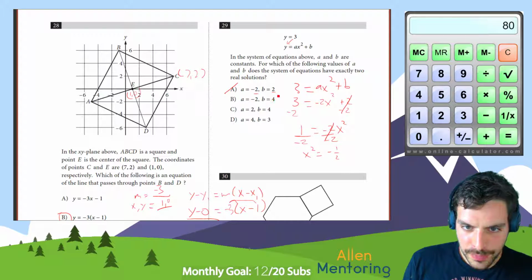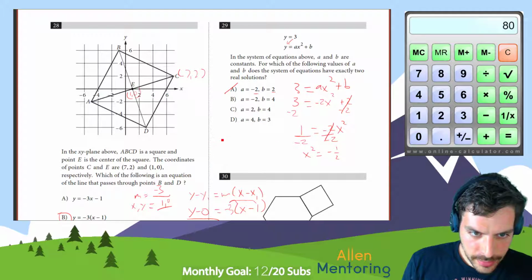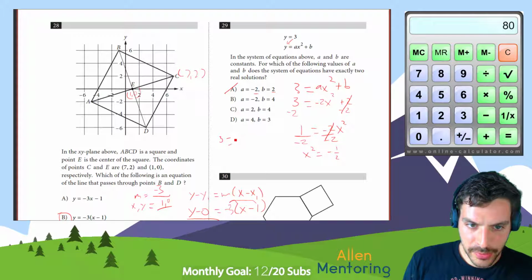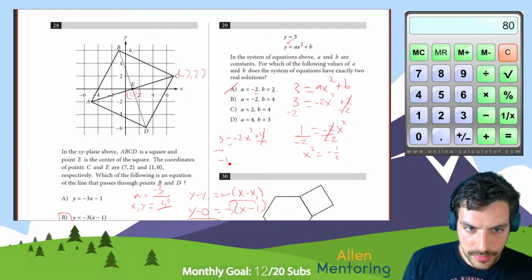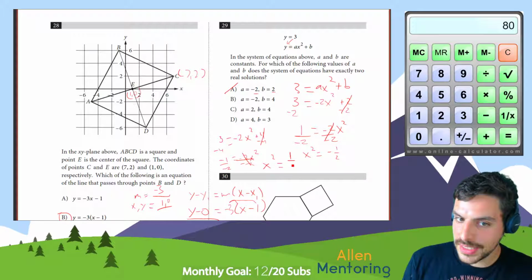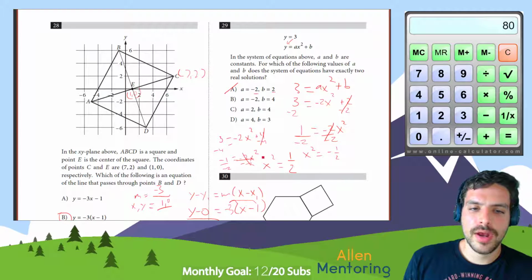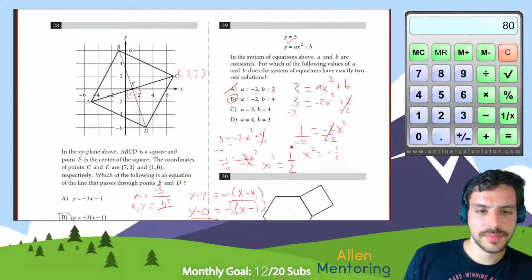So negative 2 and 4, would that work? 3 is equal to, we'll just do this really quickly, negative 2x squared plus 4. Subtract 4 on both sides: negative 1 is equal to negative 2x squared. Divide by negative 2, super fast: x squared is equal to positive 1/2, and so x has 2 real solutions.